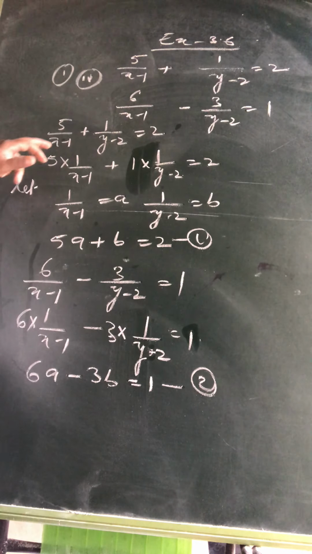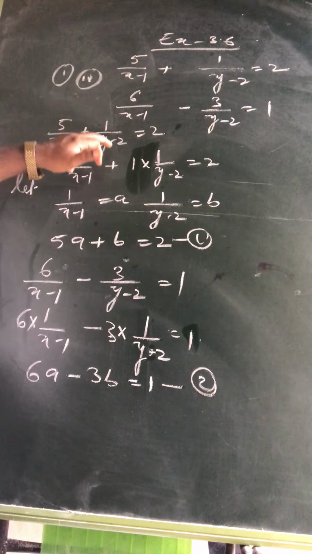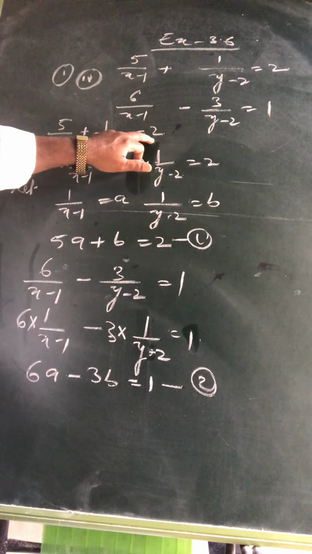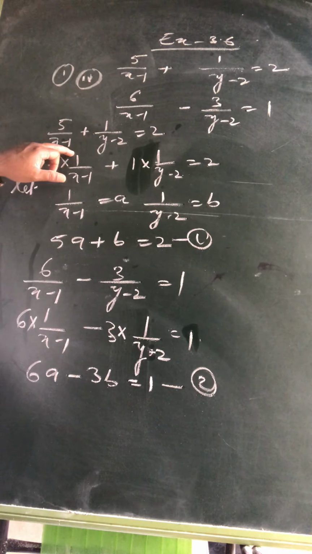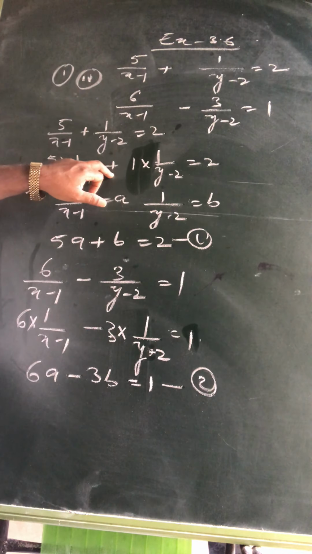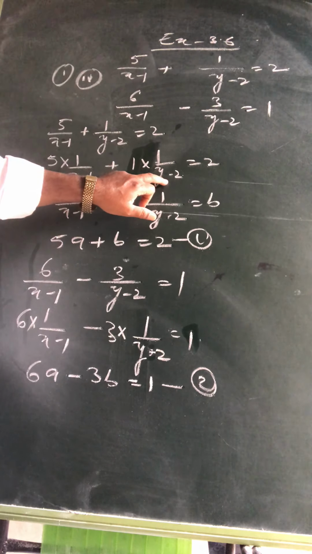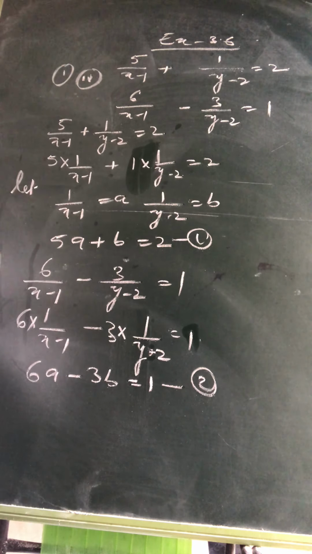5 by (x minus 1) plus 1 by (y minus 2) is equal to 2. You can write this as 5 into 1 by (x minus 1) plus 1 into 1 by (y minus 2) is equal to 2.